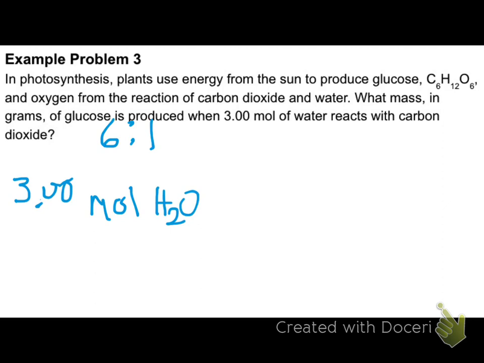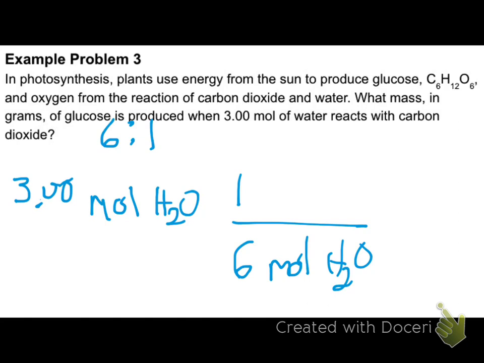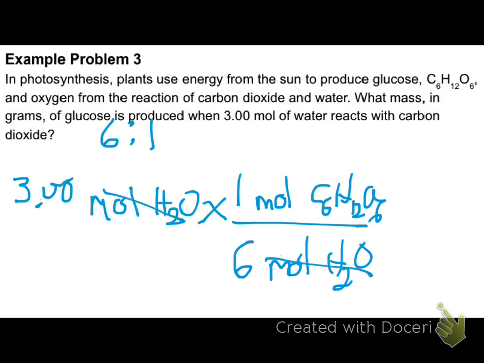Okay, so we know that there are 6 moles of H2O for every 1 mole of glucose. Okay, so this is our conversion factor. Moles of H2O cancel and we'll be left with moles of glucose.